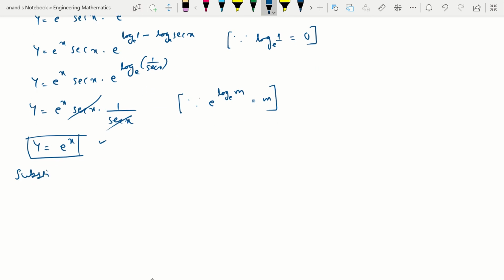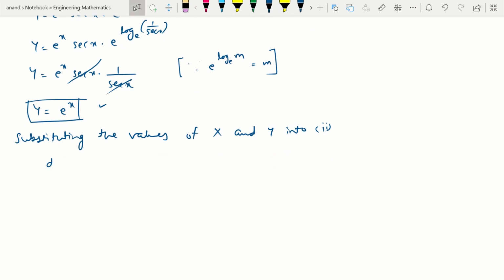So substituting the values of X and y into the second equation, we get d2v by dx2 plus 6v equals e to the power x.